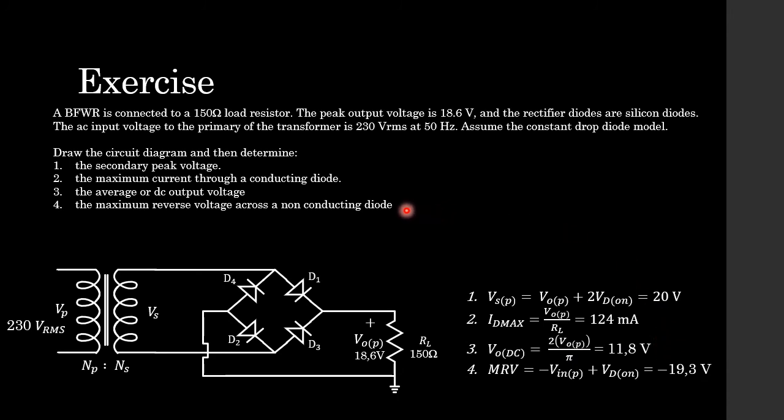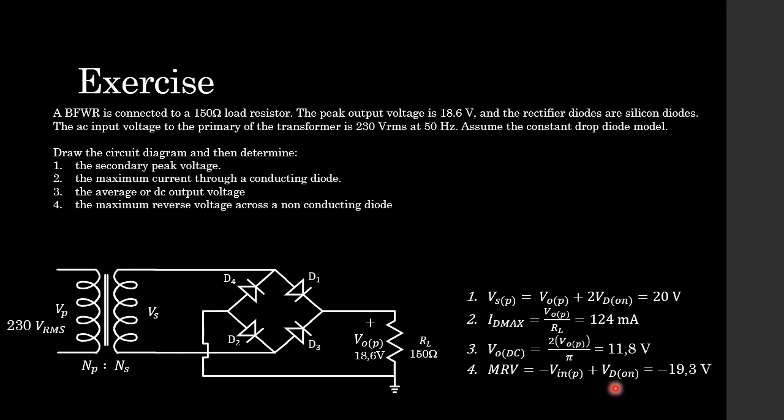And then finally, students, the maximum reverse voltage across a non-conducting diode. Well, that again we know is going to happen when we hit our peak input voltage, or in this case minus V in peak plus V D on. We've used this expression to validate that diodes were in fact off in our full wave bridge rectifier.